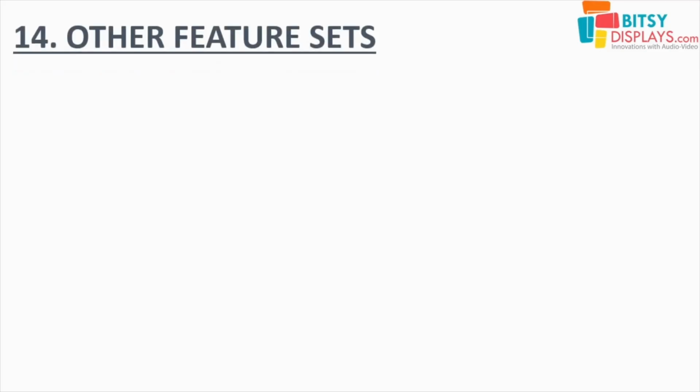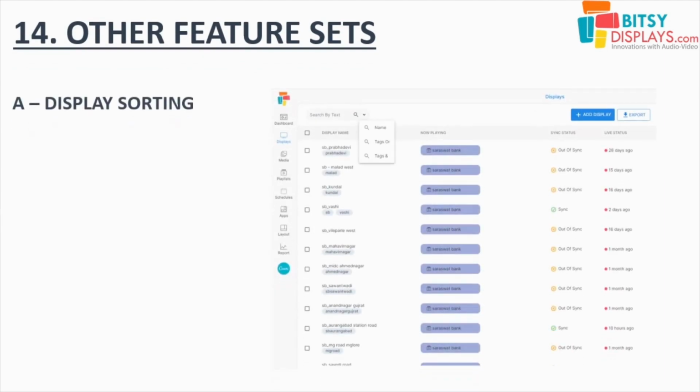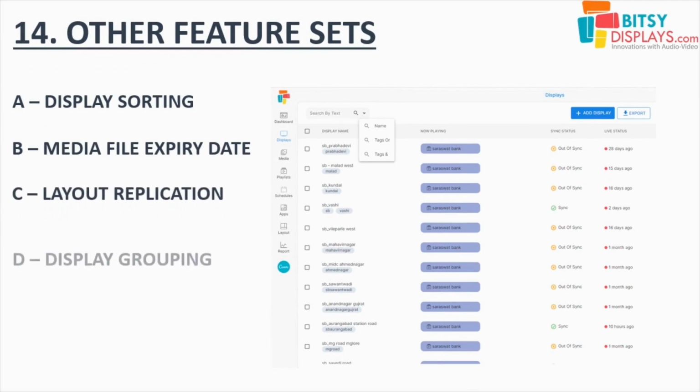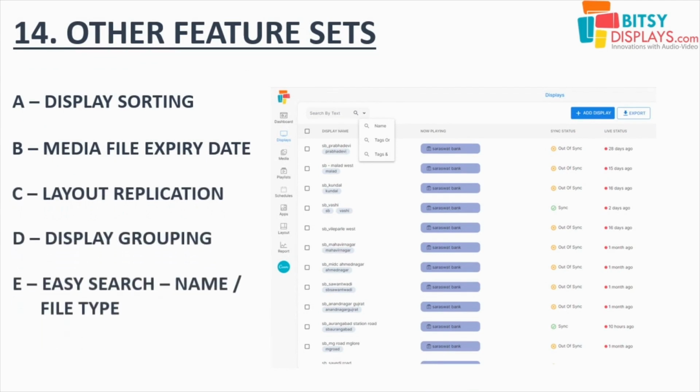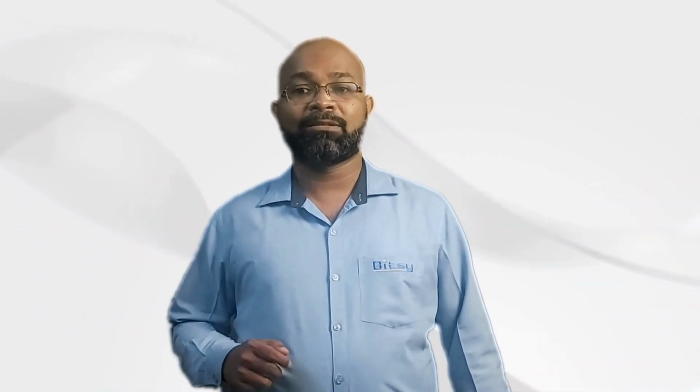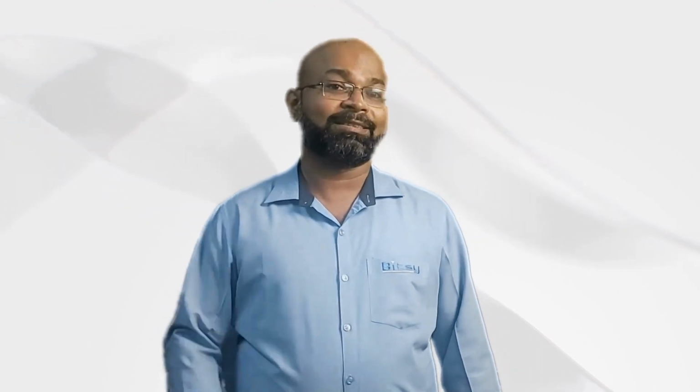Other features like display sorting, media file expiry date, layout replacing, display grouping, easy search both by name and file type, etc. will make the difference between spending hours in CMS to few minutes.